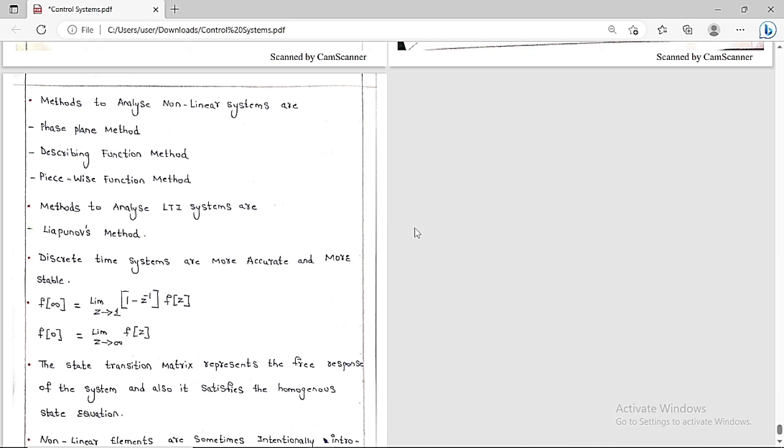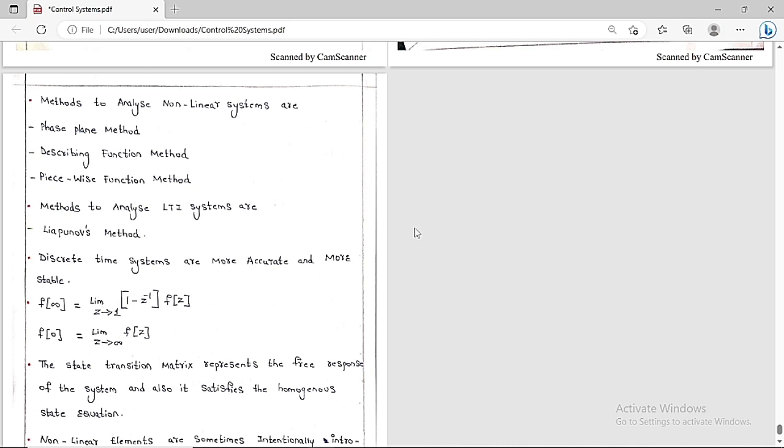Finally, I can say the methods to analyze the non-linear systems are the phase plane method, describing function method, and the piecewise function method, whereas the method to analyze the LTI systems is the Lyapunov method.